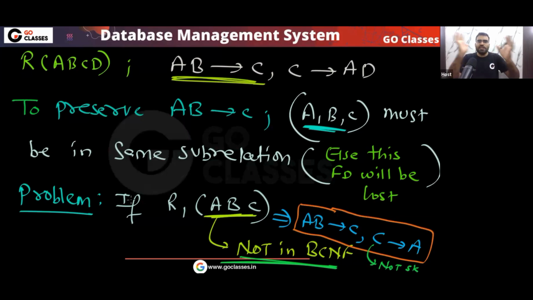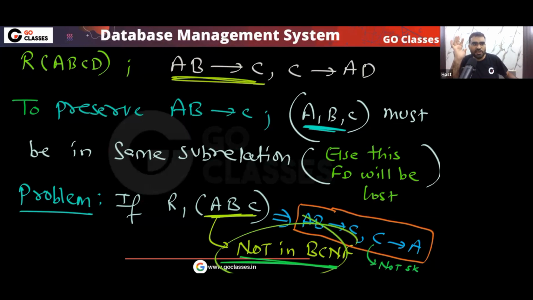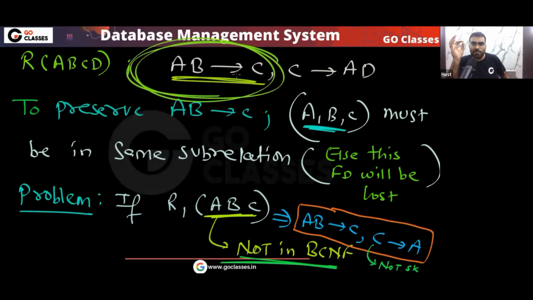So did you understand that if I preserve this FD, then I will not get a BCNF decomposition? If I get a BCNF decomposition, then this will be lost. So there is no BCNF decomposition which can preserve this.